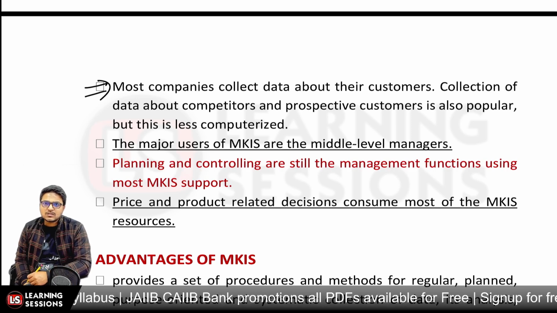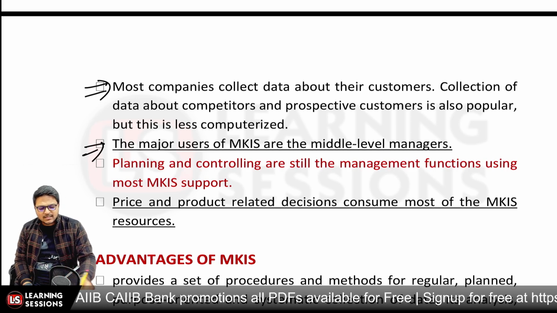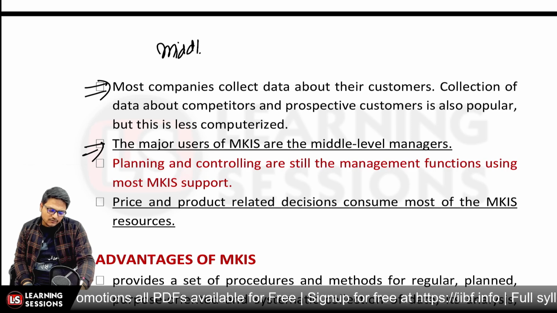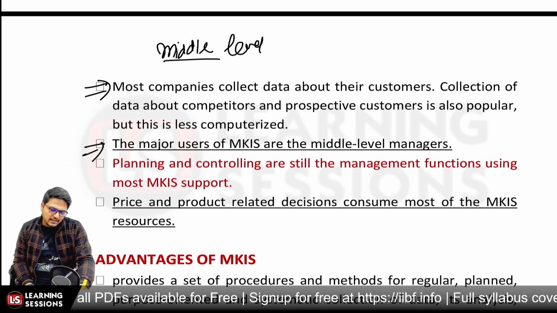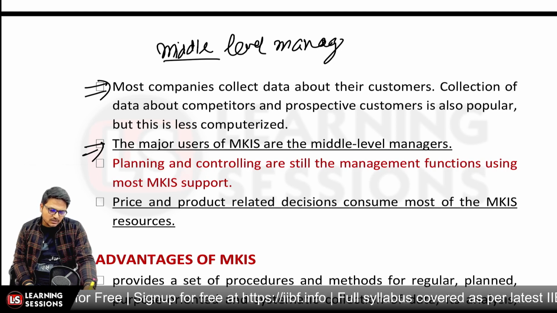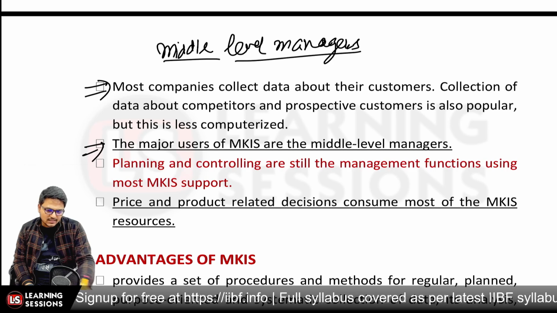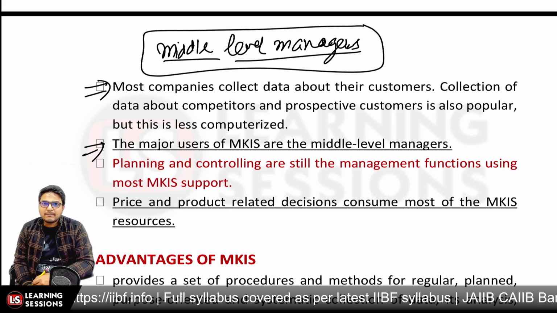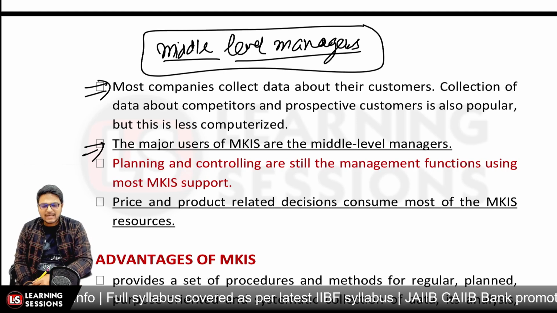And the major users of the MKIS are whom? Middle level managers. If we talk about the users of MKIS, the middle level managers are the major users, right? And price and product decisions consume most of the MKIS resources.